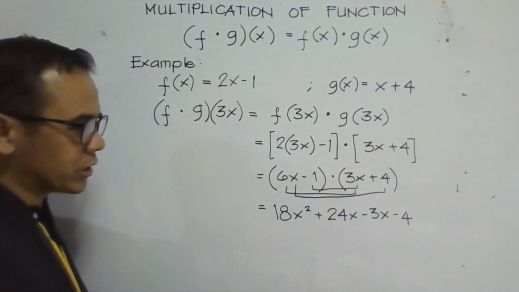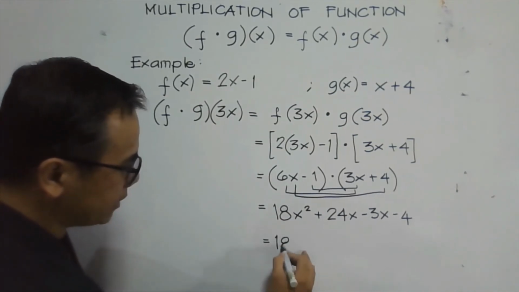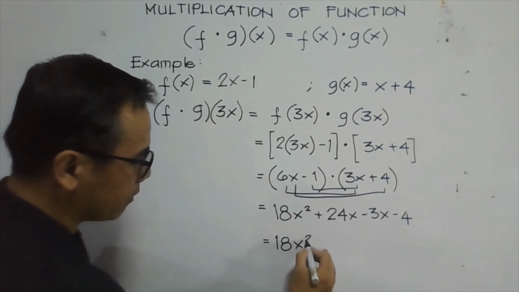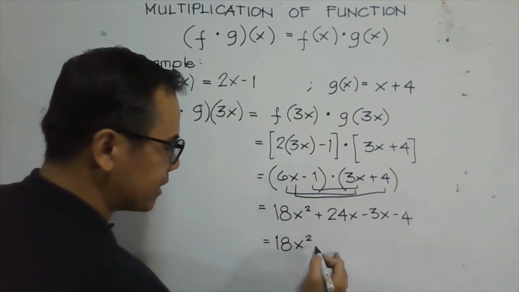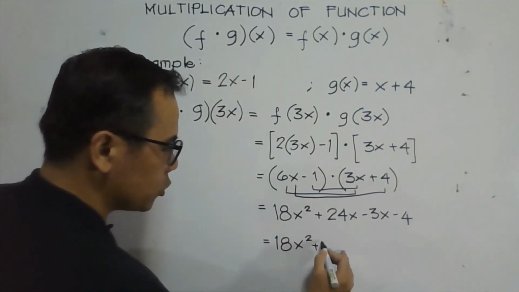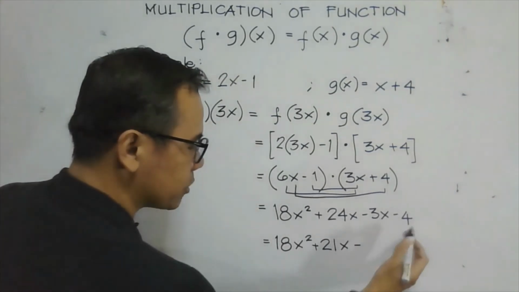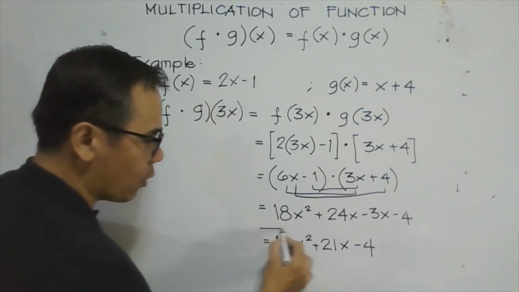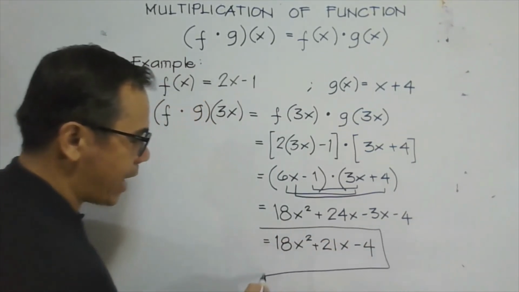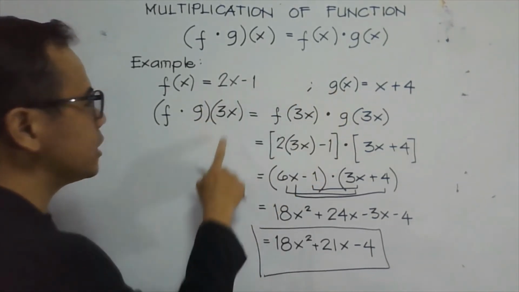So combining now similar terms, we have here 18x squared and 24x minus 3x is equal to 21x minus 4. This is now our final answer for the product of these two functions if x is equal to 3x.